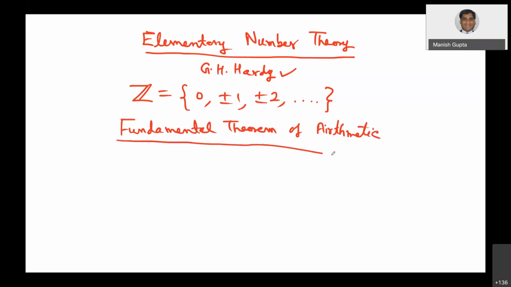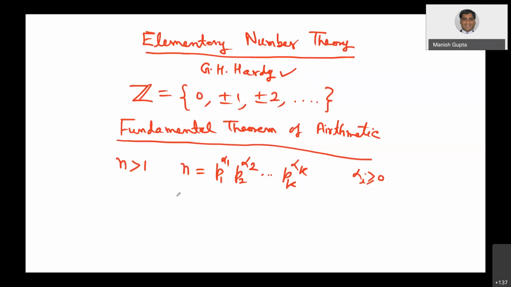It says that any integer n greater than 1 can be written as a product of prime factors, that is, p1 raised to power alpha 1, p2 raised to power alpha 2, and so on, pk raised to power alpha k, where the pi's are primes and the alpha i's are positive integers. Of course, some of them may be 0, which means that particular prime is not present.